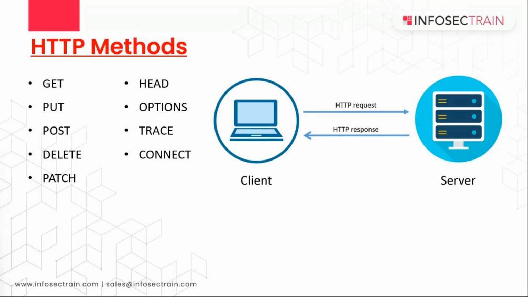Now, when I'm sending the same request using POST, there will be different outcomes, right? Multiple things. Let's say I'm sending an image, so multiple images will be uploaded. But if we are talking about PUT, right? Let's say there is an online portal where you have to upload your passport image, right?